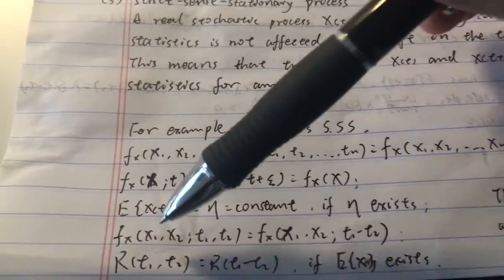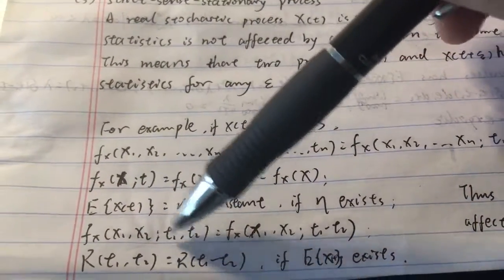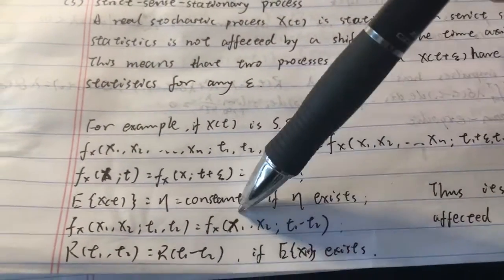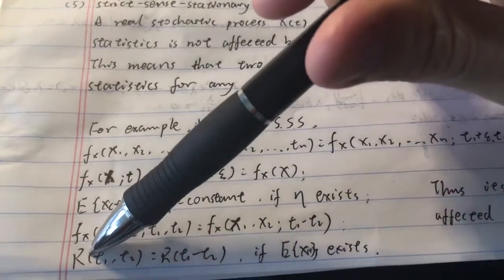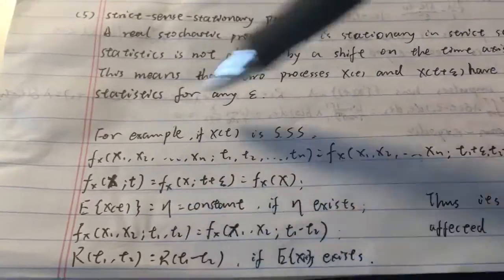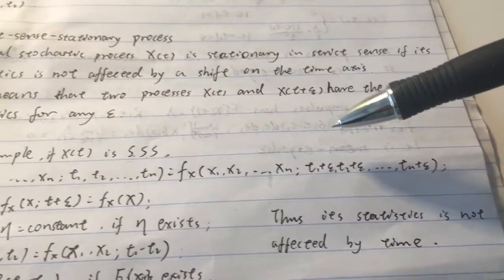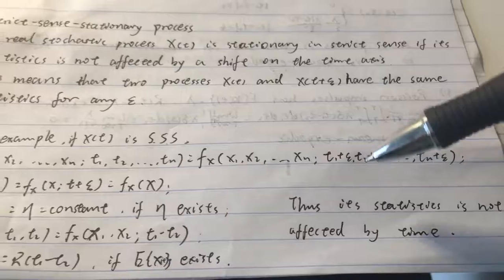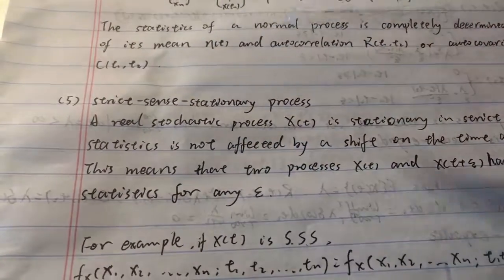Also, the second order distribution is equal to this, with t1 and t2 changed to t1 minus t2, and the autocorrelation is this if the expected value exists. From these examples, we can find that its statistics are not affected by the difference of time. So that's the strict sense stationary process.